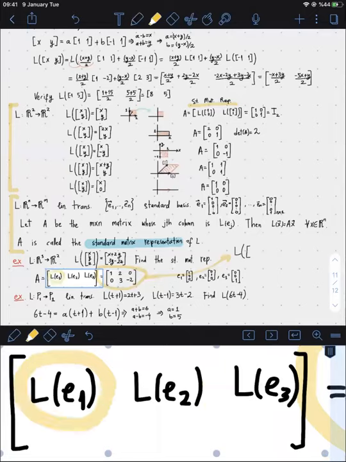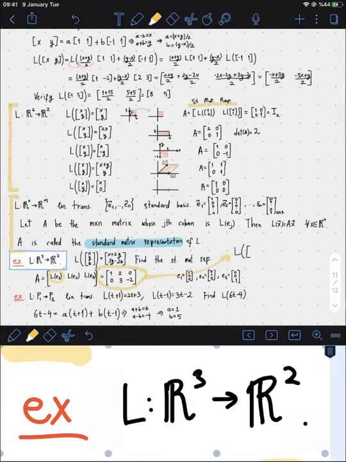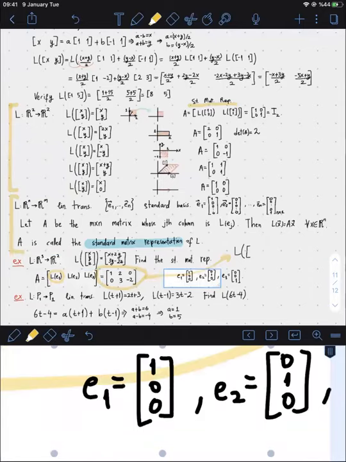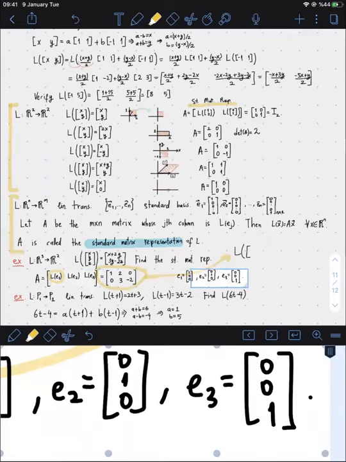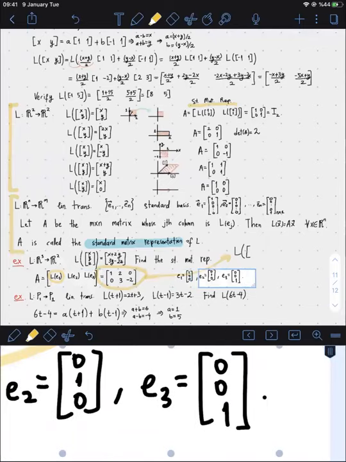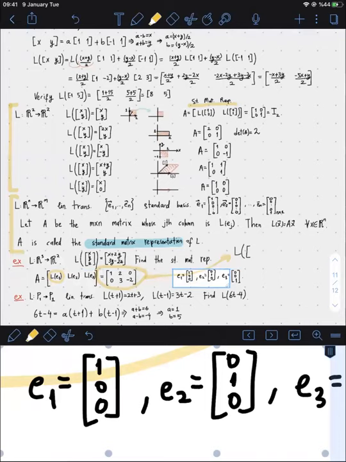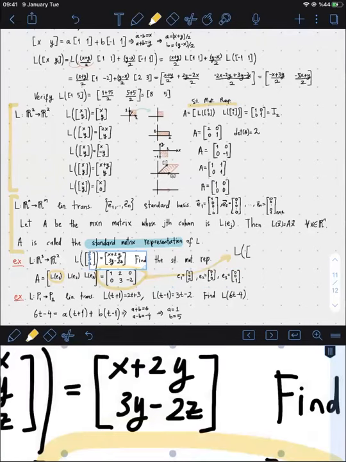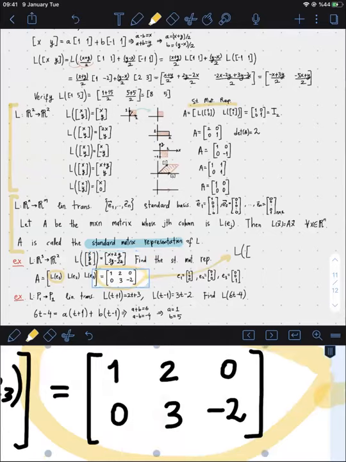Here we are in R3. E1, E2, E3 are these three vectors. You put in this definition x equals 1, y equals 0, and z equals 0, and you get this column.